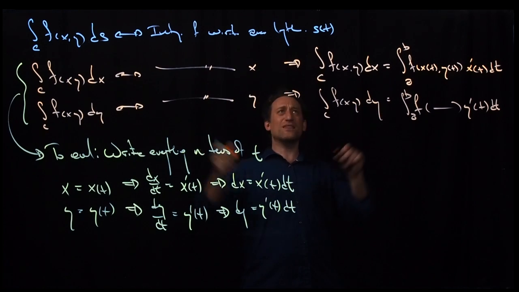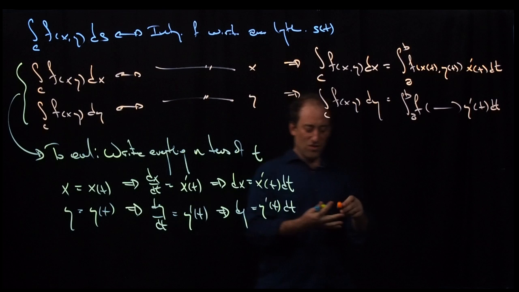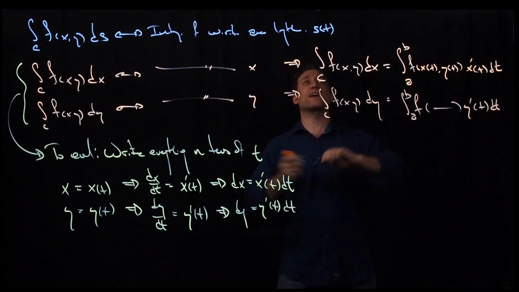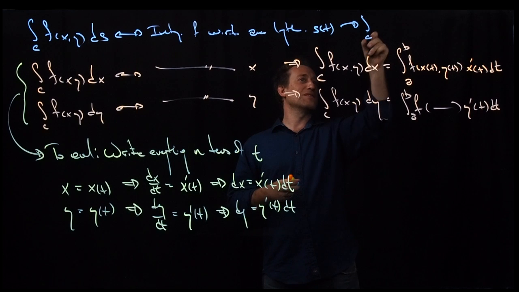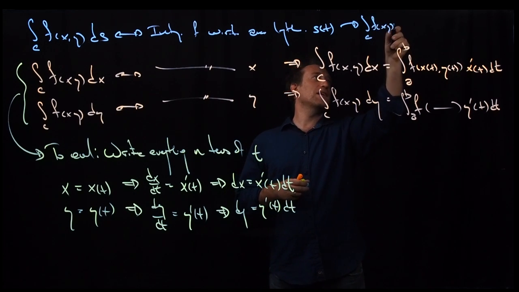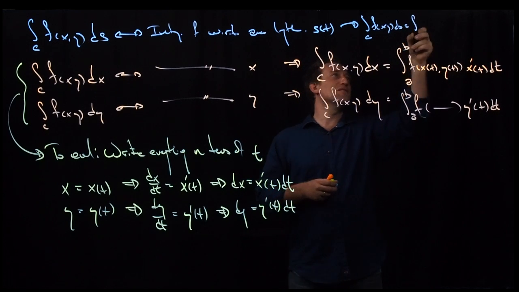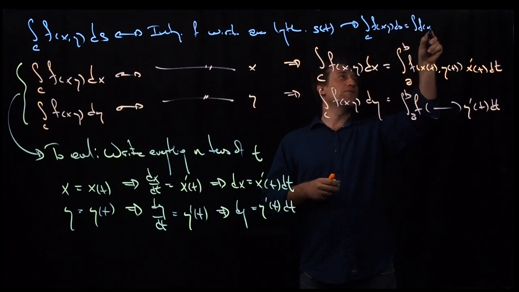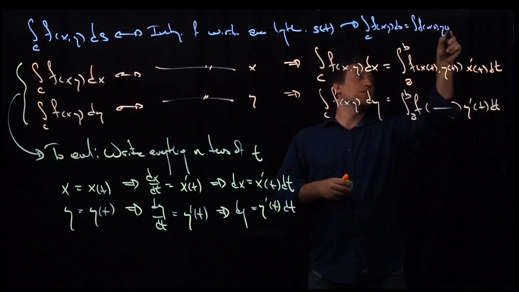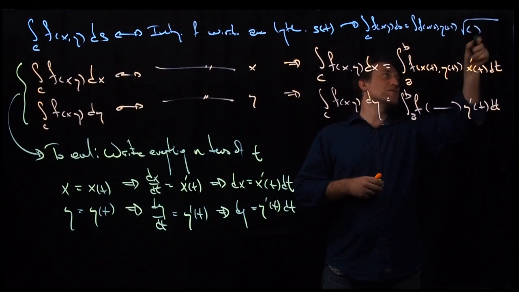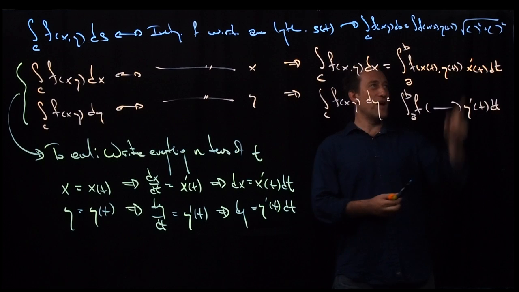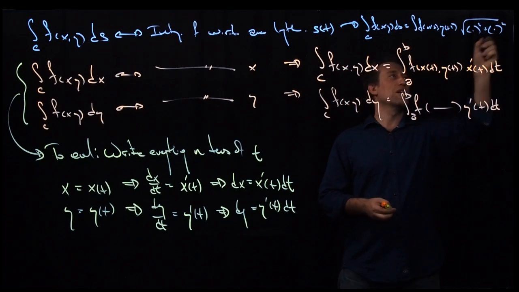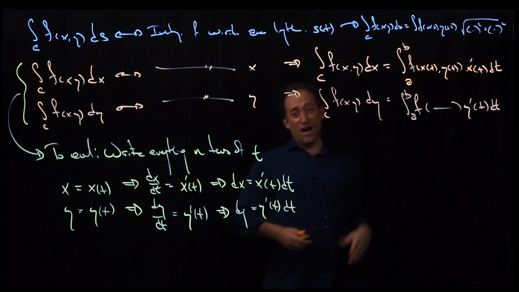And might as well put the original up here to keep track of everything in one place, although it's a bit tight. The integral of f of xy ds is the integral of f of x of t, y of t times the square root of the sum of the squares of dx dt and dy dt.